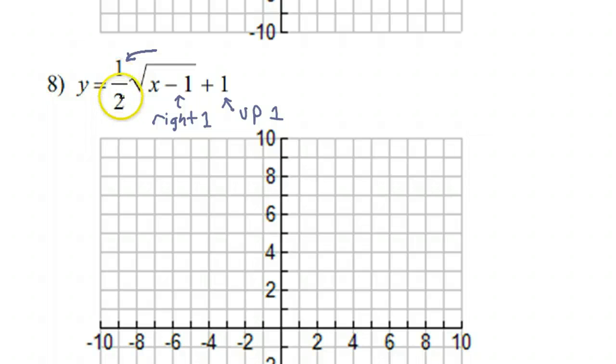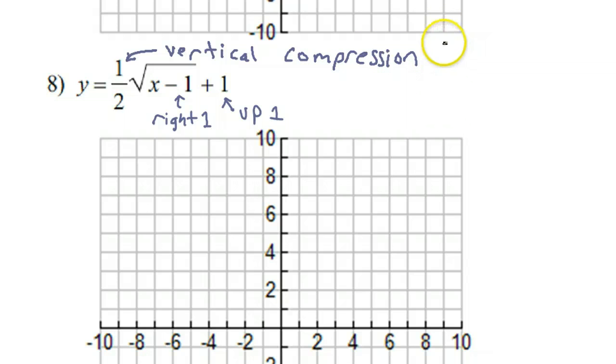But because this is less than 1, it is a vertical compression by a factor of 1/2. That means the graph is going to get smaller. It's going to shrink to 1/2 of its original height.